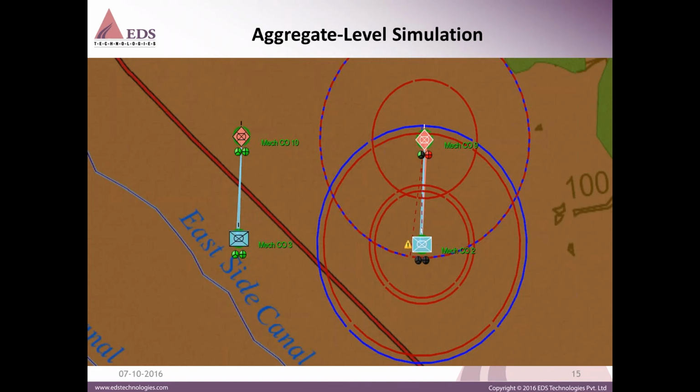And in that slide, you can see two companies: a red mechanized company and a blue mechanized company. You can see red and blue circles, which are your sensor ranging circles.